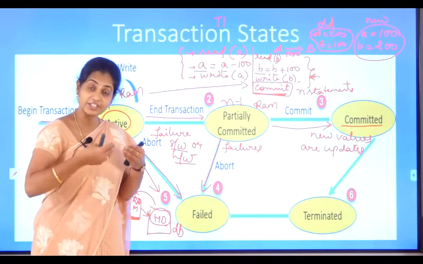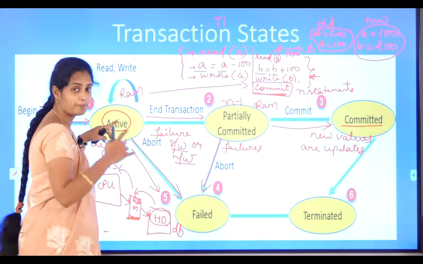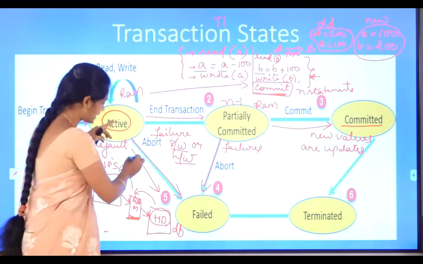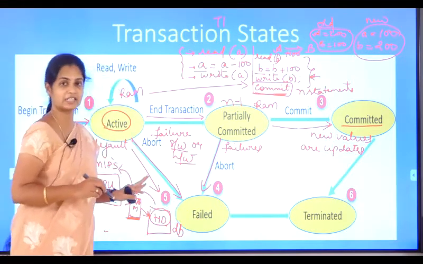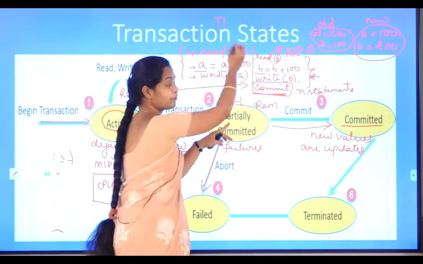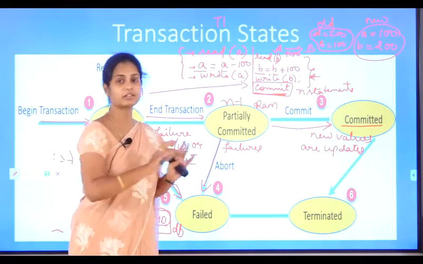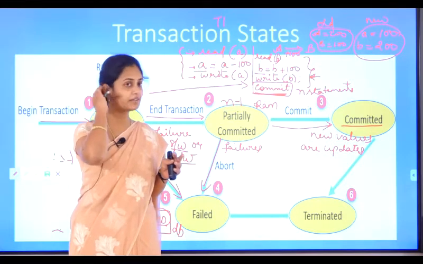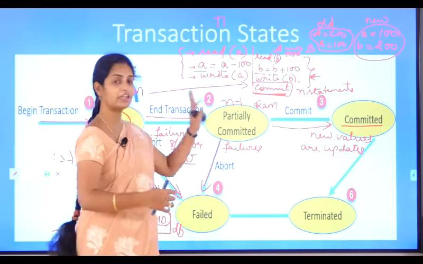Just now I am initiating the transaction, which means it is in the active state. Power has gone, meaning some failure has occurred. So when the failure has occurred, it enters into the failed state. Or suppose I am performing some instructions: I have kept a card, entered the PIN number, and initiated the transaction to debit 5,000 rupees, and after that the failure may occur.